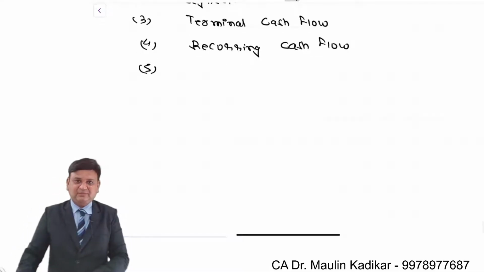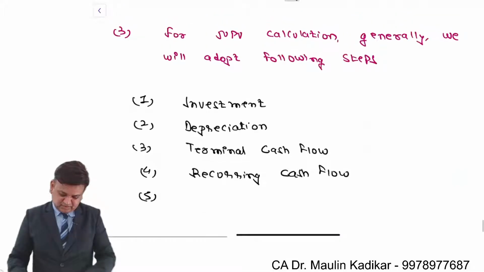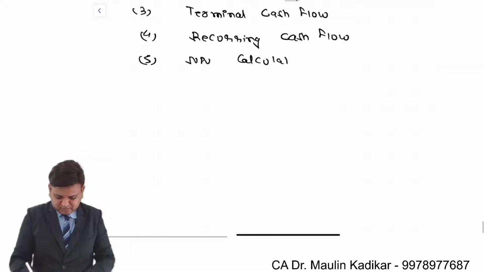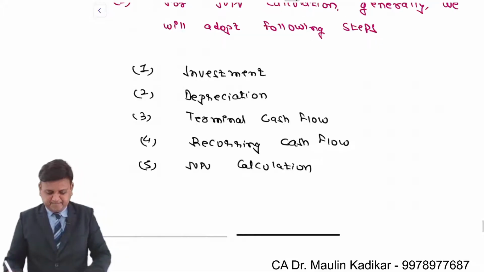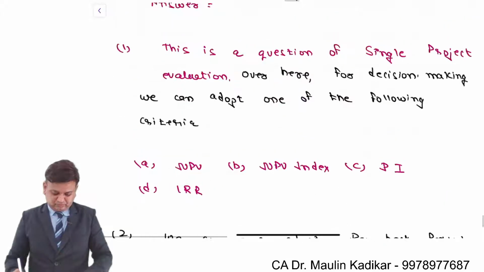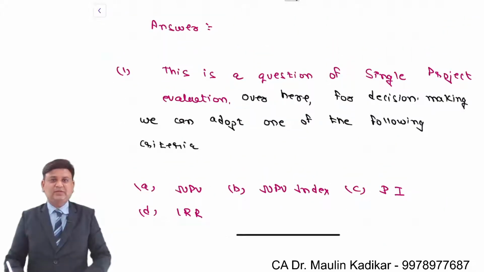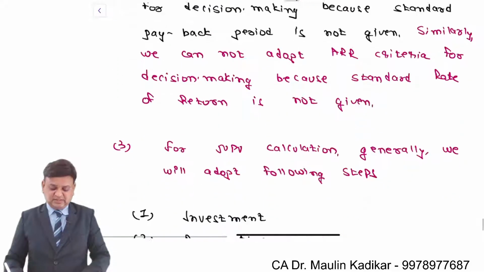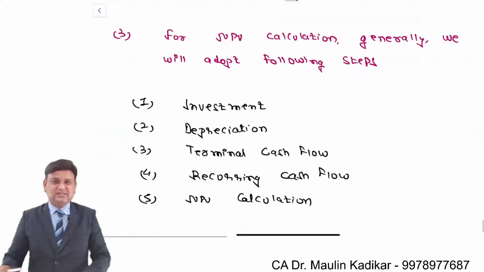Step number 5, NPV calculation. So this is a general note. The first point is the criteria, the second point is the reasoning, and the third point is the steps.